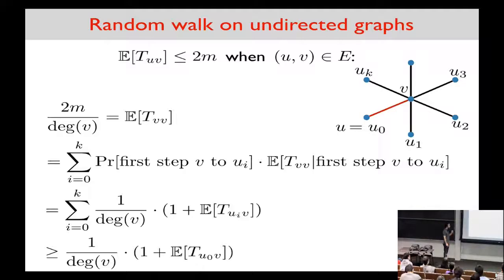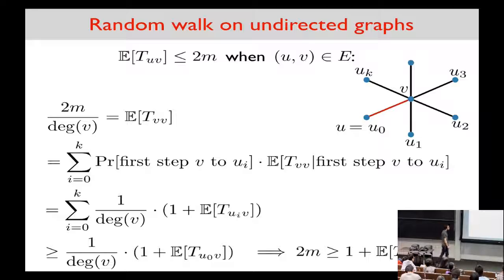Now, why am I done? I definitely have this inequality, so that upper bounds this. I can multiply both sides by degree of V, get rid of that. And that's going to imply 2m is greater than 1 plus the expectation of TUV.